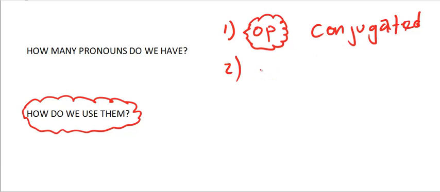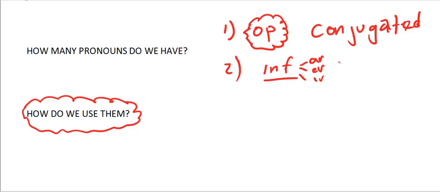The second rule is when we have an infinitive verb in a sentence. Remember that infinitive verbs, we can recognize them by the ending. They always end in ar, er, or ir. If you have this type of ending, it's a verb that is not conjugated. It's a verb in its natural form.